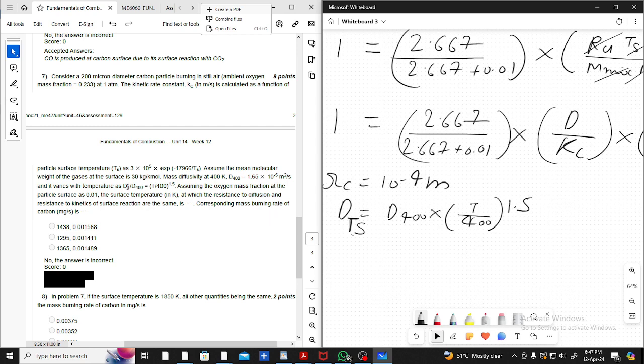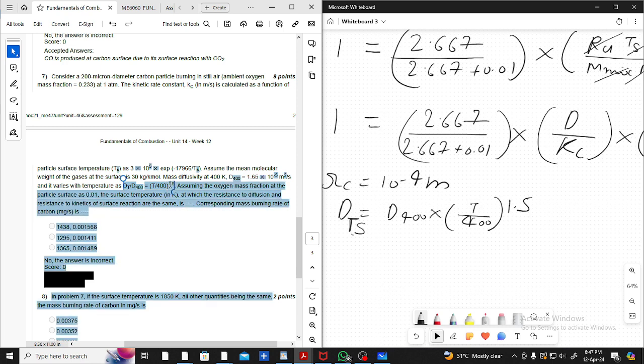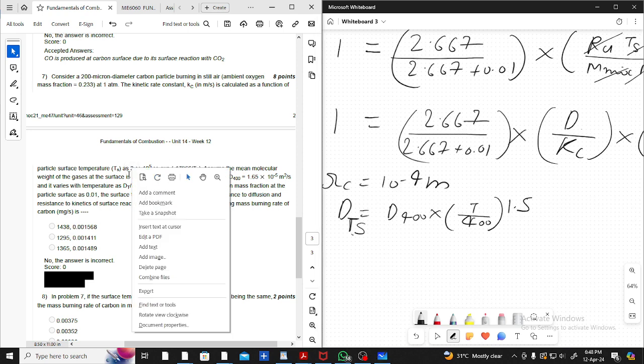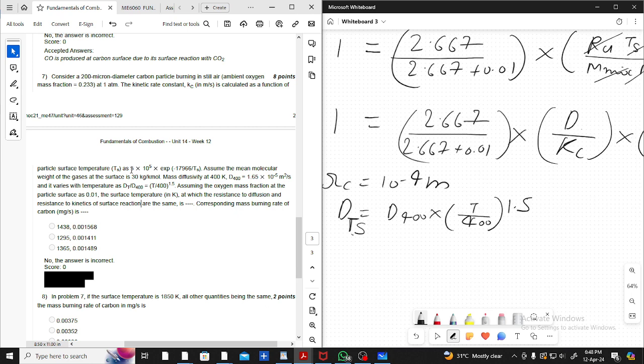So this relation is given, right? They have given this relation. From here we can get the diffusion coefficient at temperature T. We will use this relation to calculate D. Now from this relation we will get K, the kinetic rate constant.